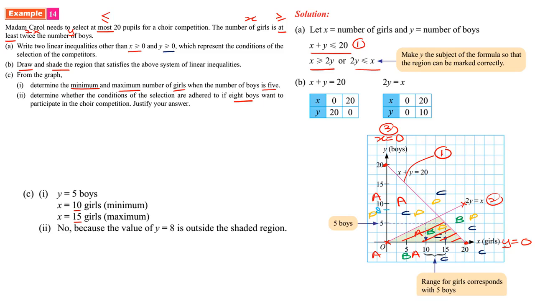We draw the dotted lines. We find that this point is outside the shaded region. So the answer is no, because the value of y equals 8 is outside the shaded region.